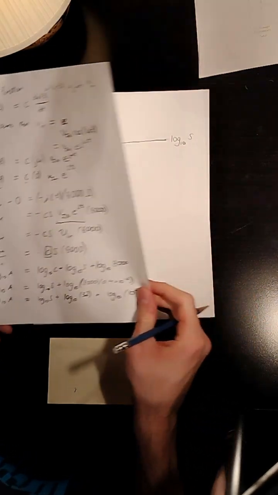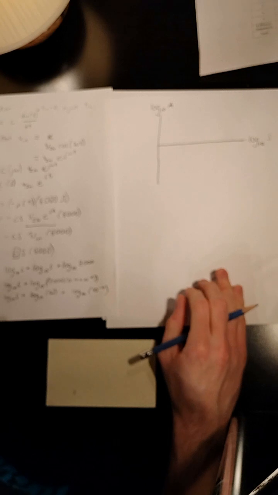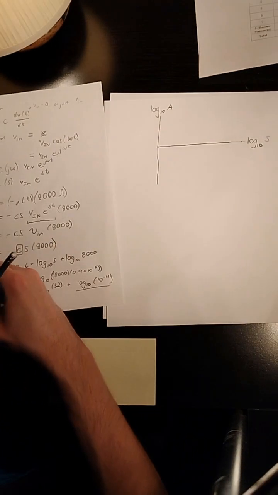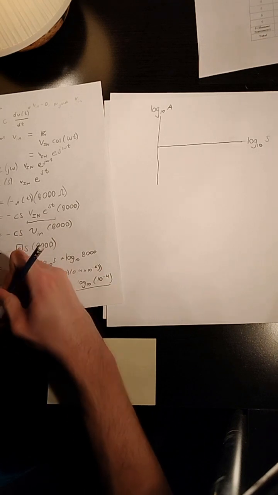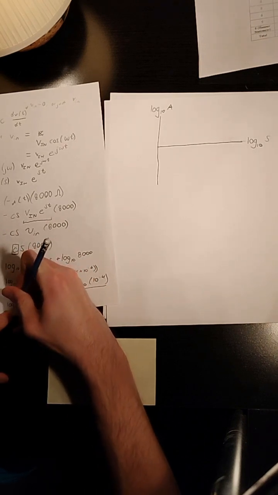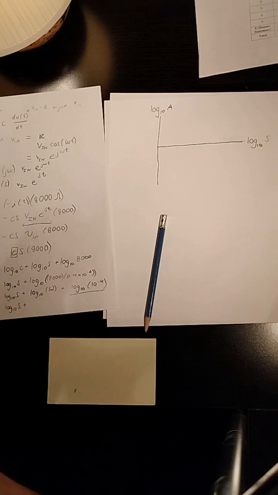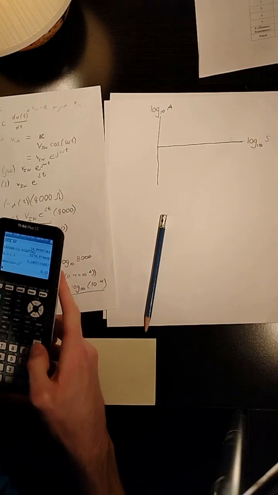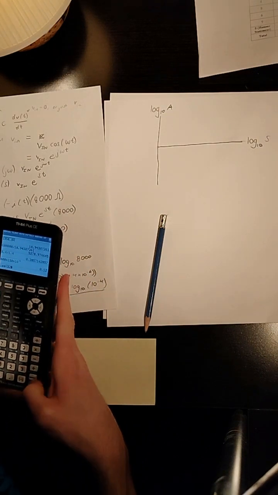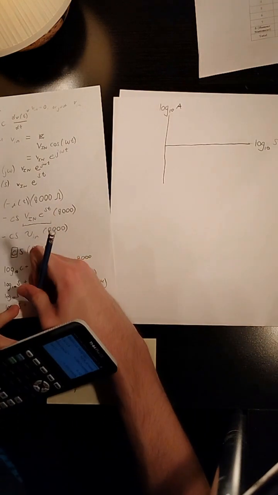All right. So it's just a line. This is negative 4, by the way. So log 10 of A is equal to log 10 of S plus, I guess I can just do it. Log 10 of 32 is 1.5 or so.